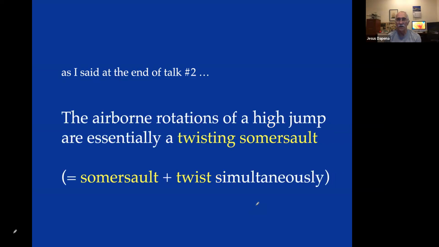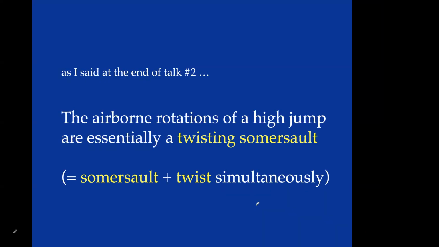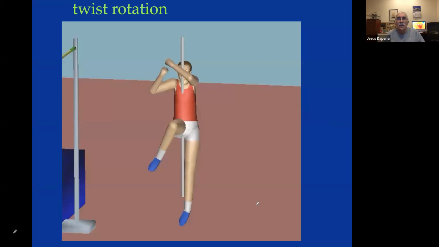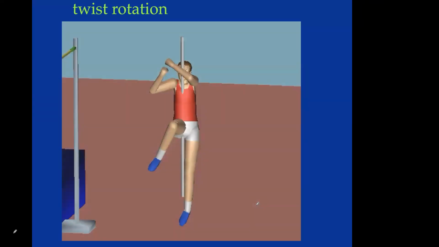Okay, so as I said at the end of talk number 2, the airborne rotations of a high jump are essentially a twisting somersault. So it's a somersault rotation and a twist rotation that happen at the same time. So we're looking here first at the twist rotation. Twist rotation is rotation about a vertical axis.